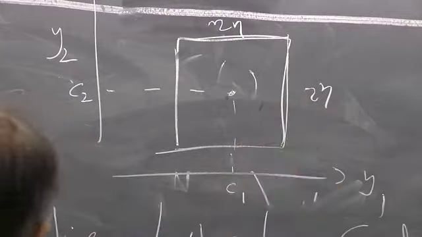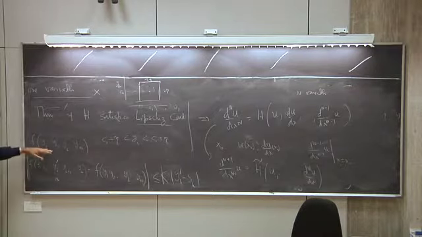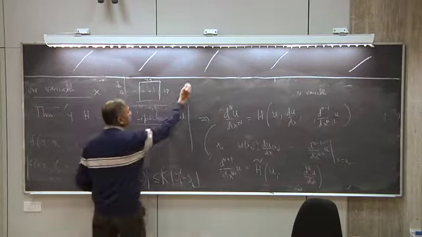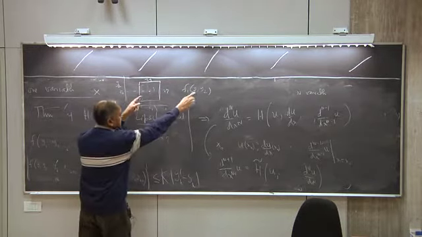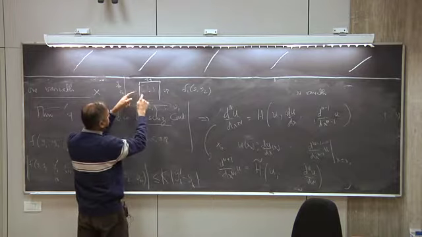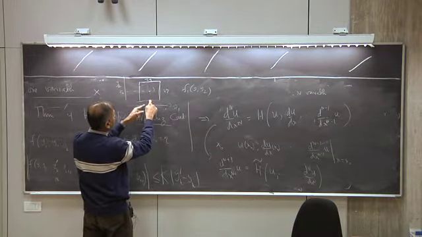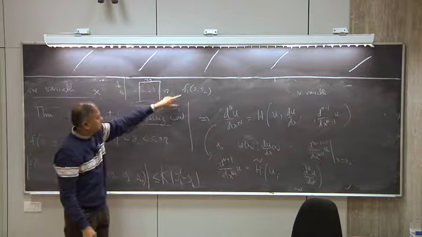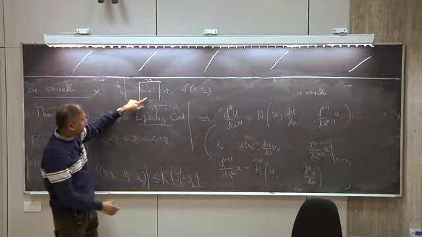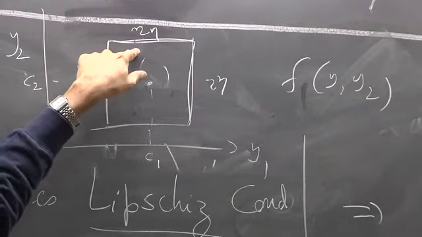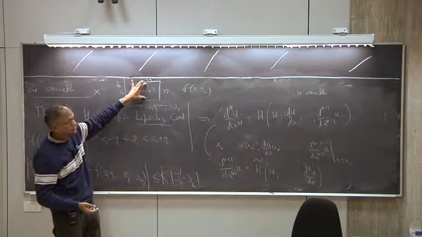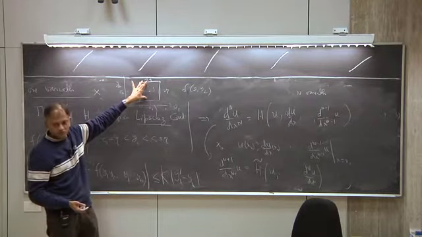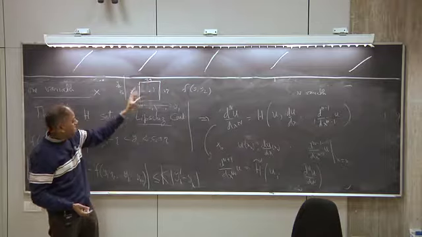What this condition is saying is that for this function of y1 and y2, if I keep y1 fixed and change y2 from here to there, then the absolute value of the difference between the function evaluated at this point and at that point is less than or equal to some finite number times the distance between these two points. Similarly for the other direction.